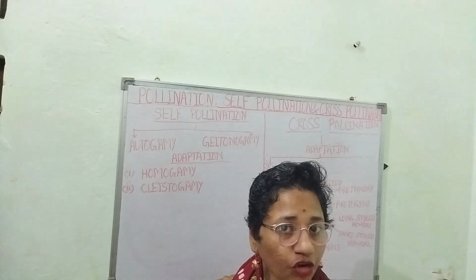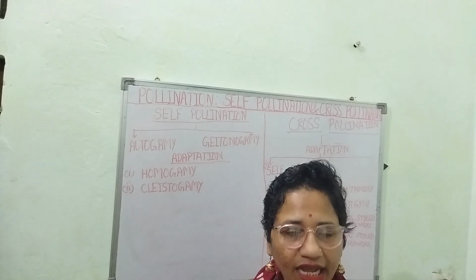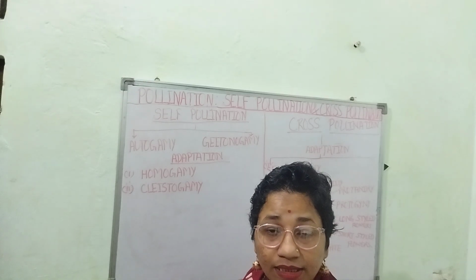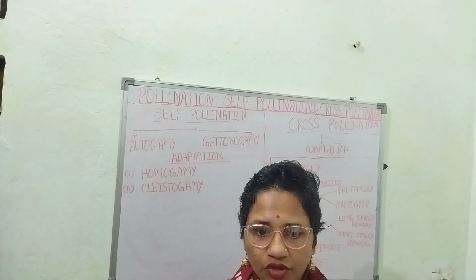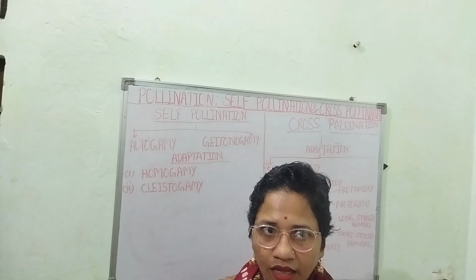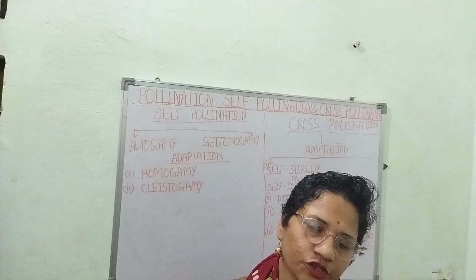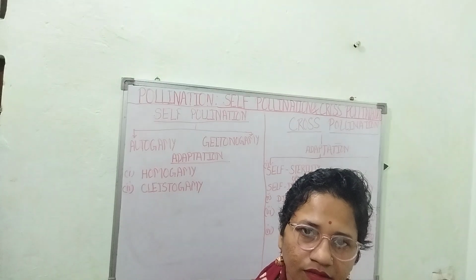So it is the transfer of pollen grains from the anthers to the stigma of the same flower, but in the bud condition. It is facultative because where cleistogamy occurs, chasmogamous flowers also occur.